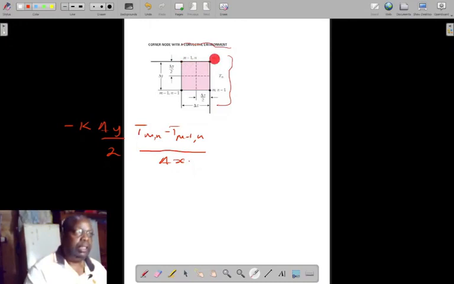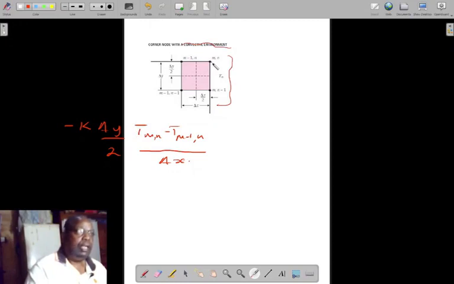So we have Tmn, that temperature there, minus the temperature there, which is Tm minus 1 comma n, and the movement is in the x direction, okay, and the area that will be perpendicular to that motion will be delta y times 1.